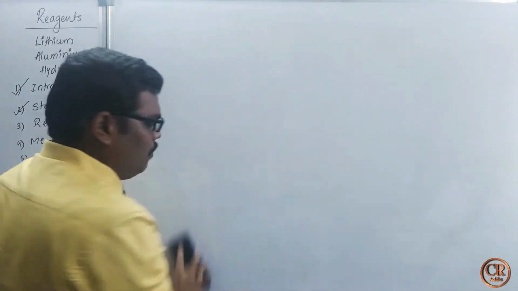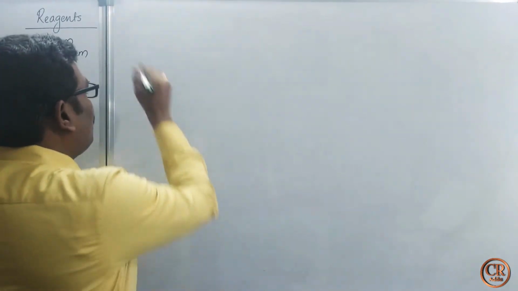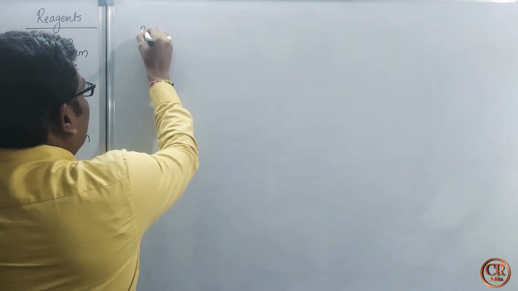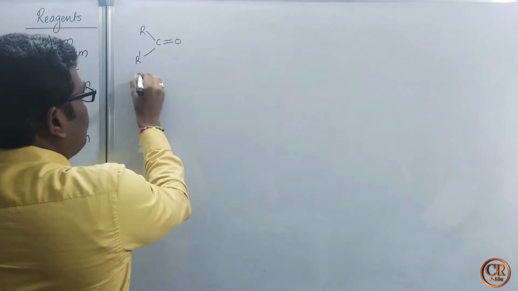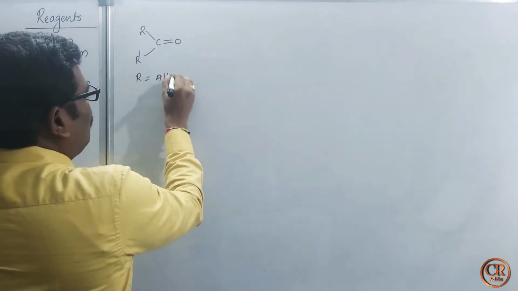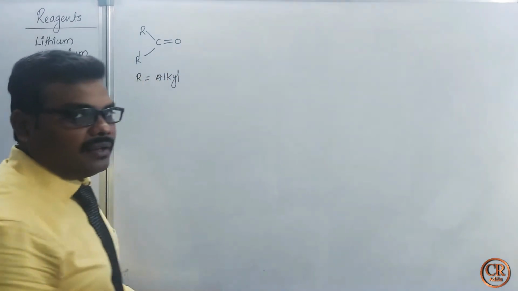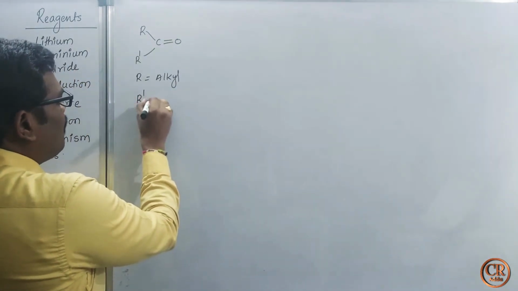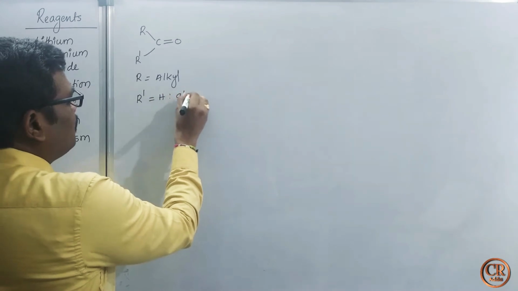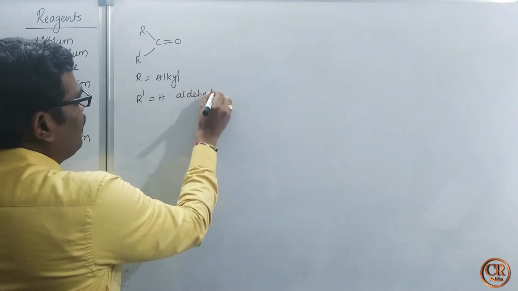When lithium aluminum hydride reacts with the carbonyl compound, I am taking one general representation of the carbonyl compound. Here R is an alkyl group. It may be like methyl, ethyl, propyl, like that. Here if R dash is equal to hydrogen, this is called aldehyde.